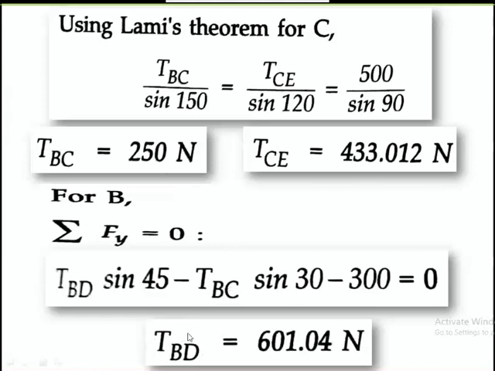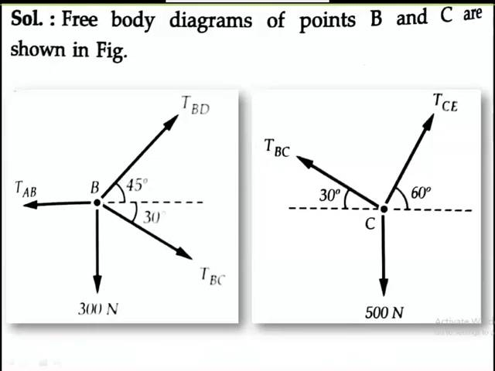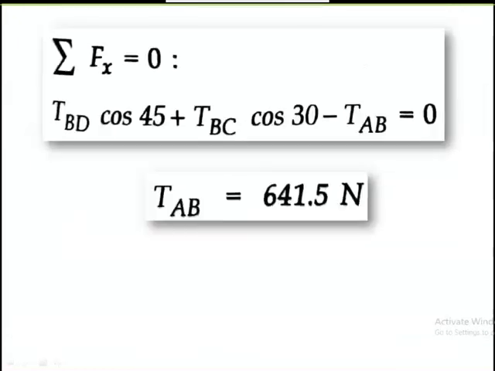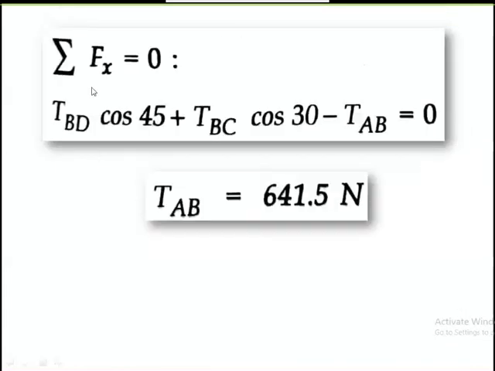Similarly, we use the other equation, summation of Fx is equal to 0, summing up all the forces in the horizontal direction. That is plus TBD cos 45 plus TBC cos 30 minus TAB equal to 0. Here we are knowing the values of TBD and TBC. If we substitute them, we will get the value of TAB.